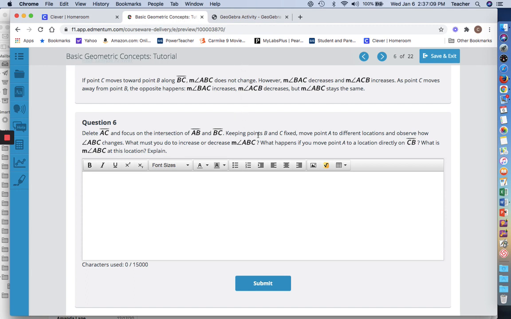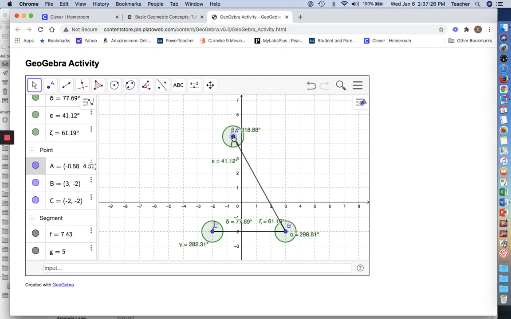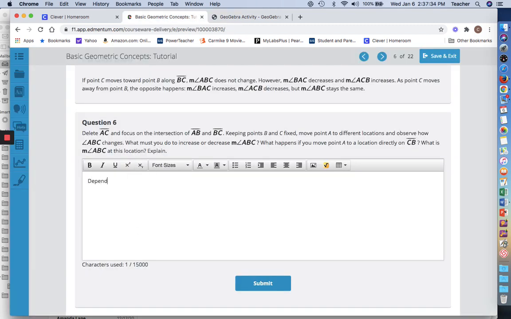All right, keeping points B and C fixed, move point A to a different location and observe what happens to angle B. So we'll move A. All right, so it looks like B changes. Depending on which way you move angle A, then angle B will get bigger or smaller.